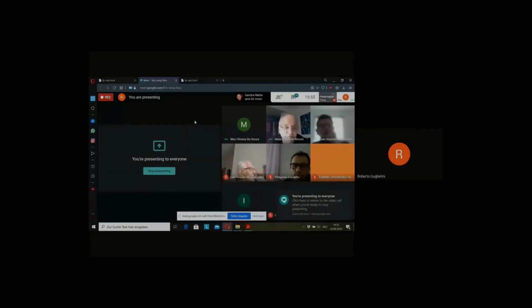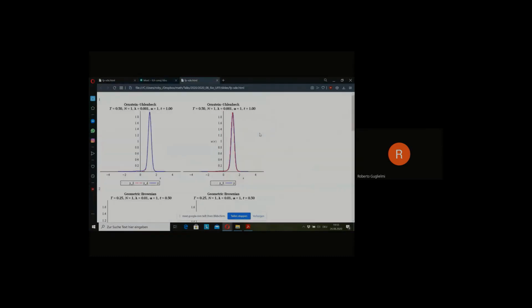Okay, so now I show you what happens when we plug the optimal control that we find for the Fokker-Planck equation that you can see here on the left into the stochastic process. Here you see 500 realizations of the stochastic process. The target looks like a step function, in red.